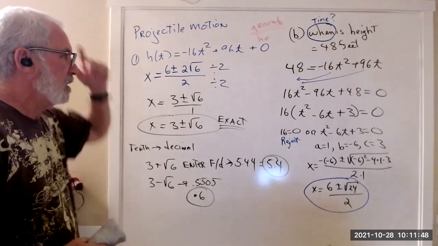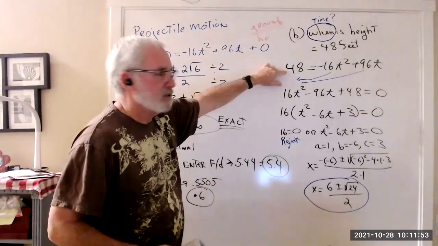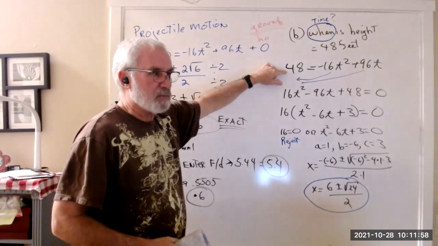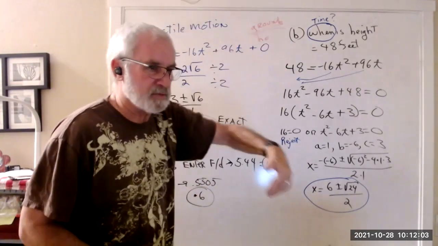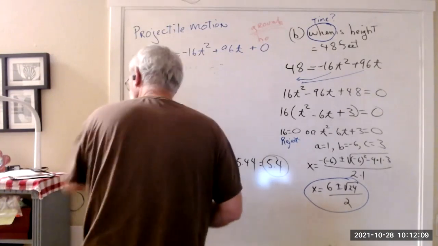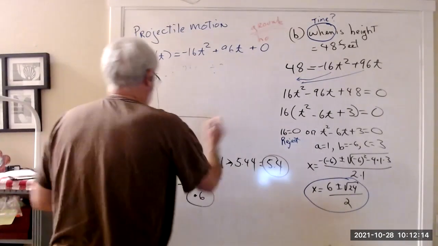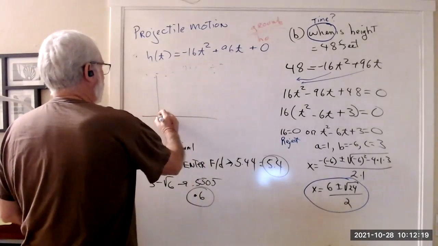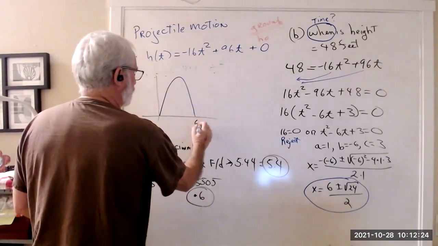Okay, wait, is it possible to have the height be 48 twice? Can the height possibly be 48 twice if you shoot something up in the air and it comes back down? Let's think about that. So I shoot something in the air, it comes back down. We've already figured out that it hits the ground after 6 seconds.